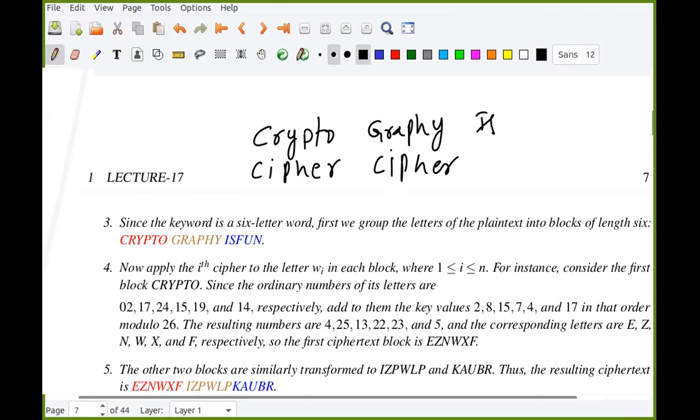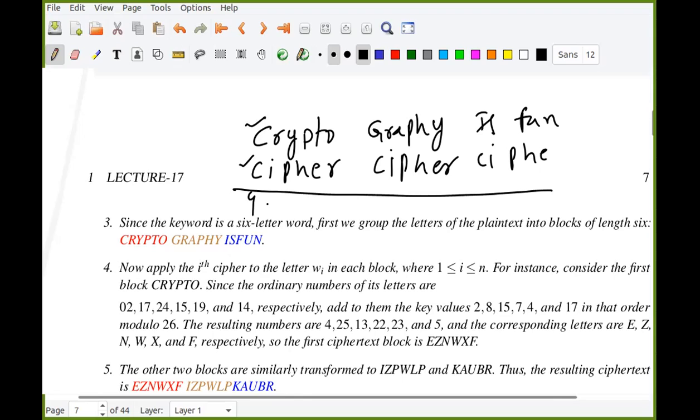Okay, is fun, again cipher below. Now for the last block, only PHE is needed, right? Then I will add them, right? Are you following? Adding means this is 2, this is 2, 2 plus 2 is 4, right? Are you clear now? Yes, sir. So we'll add them and we'll get the ciphertext.